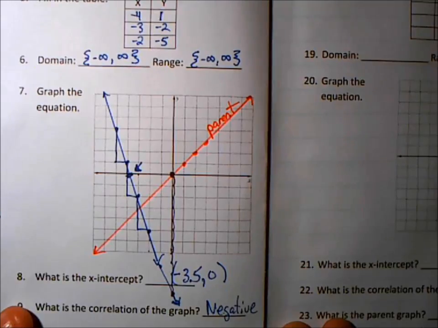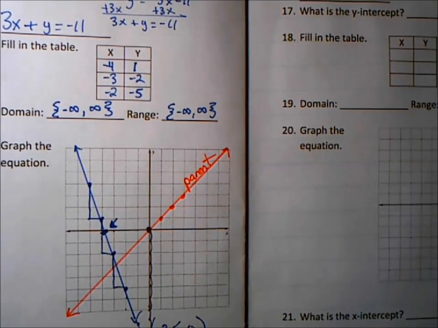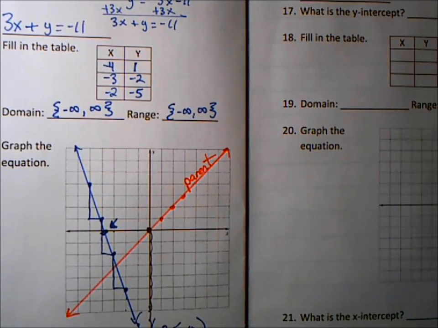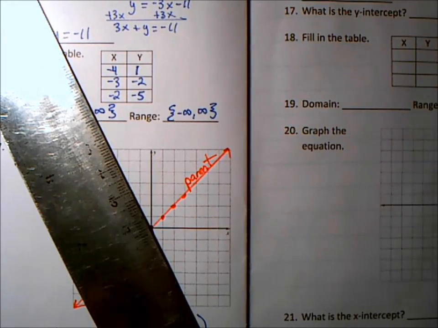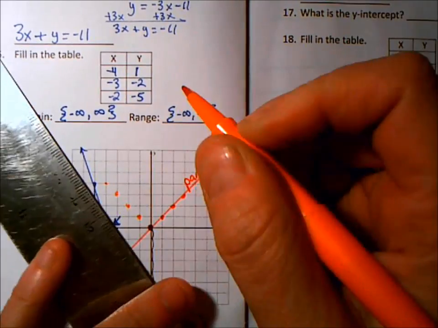Okay, now we need to know whether it's steeper or flatter. Well, if I imagine this line being flipped the other way, let me change colors so we can see it, flip the other way. This line will be going right through here.